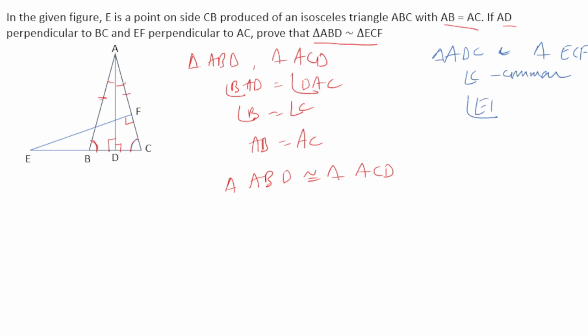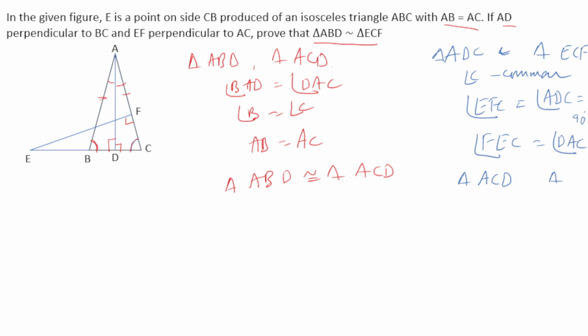Angle EFC is equal to angle ADC, this is 90 degrees. And the third angle will be equal, so angle FEC is equal to angle DAC. So triangle ACD is similar to triangle EFC.